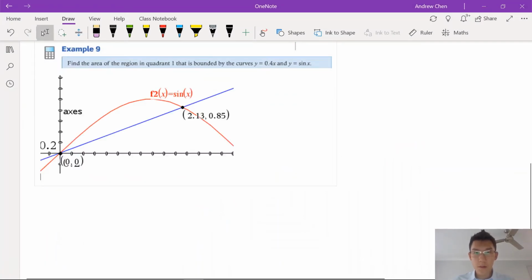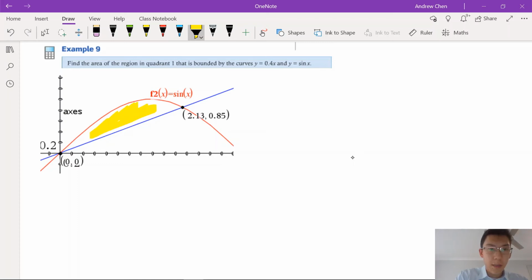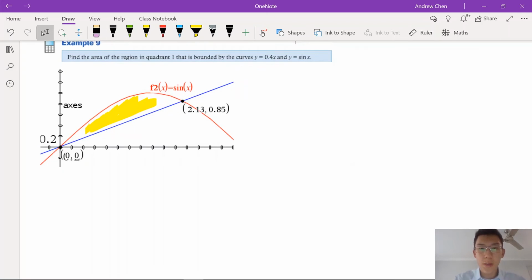Here we go. All right, so the area I want to find is this area here, highlighted in yellow, the whole thing. So what we need to show is that we can set this up as an integral, right? So I'll do it here.